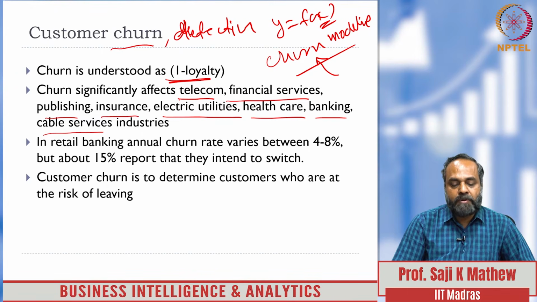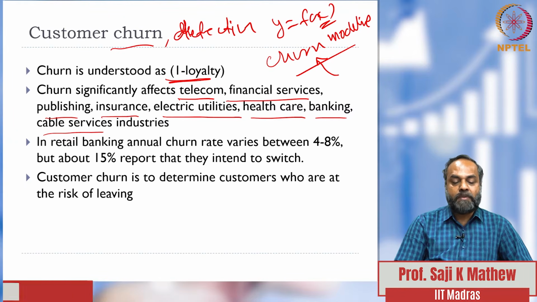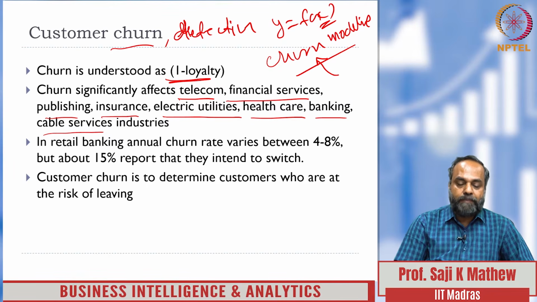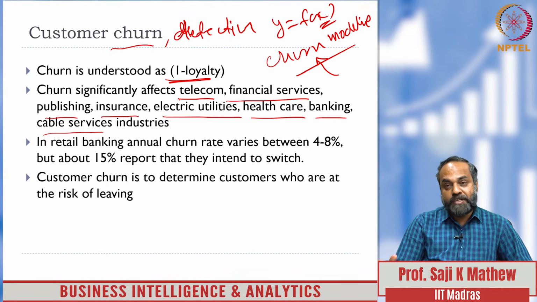And here are some examples. In retail banking, annual churn rate varies between 4 to 8%, but about 15% report that they intend to switch. So intention and reality can be different. Somebody may show the signs of intention but may not actually switch at the end. That is the reality, and it is between the intention and the reality that the companies need to take action.